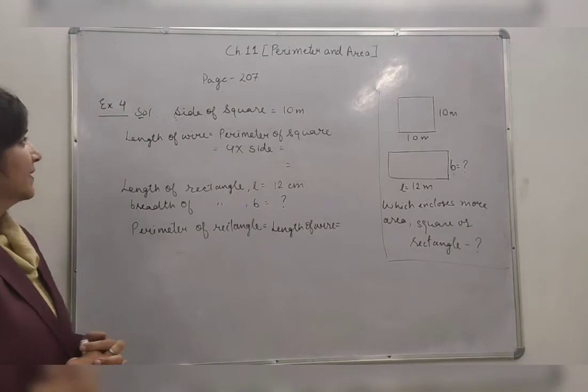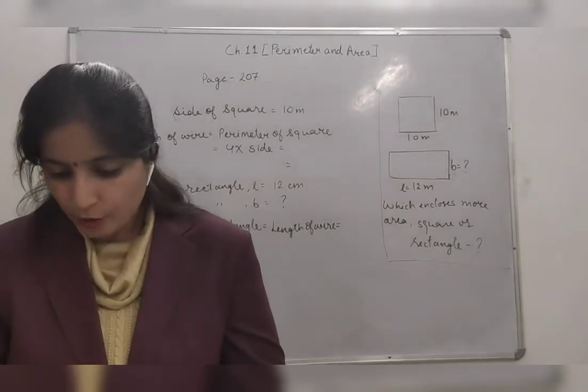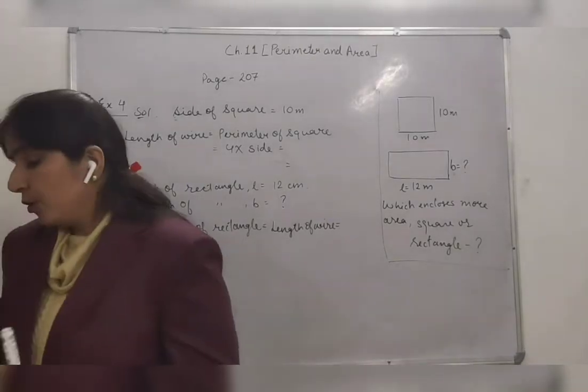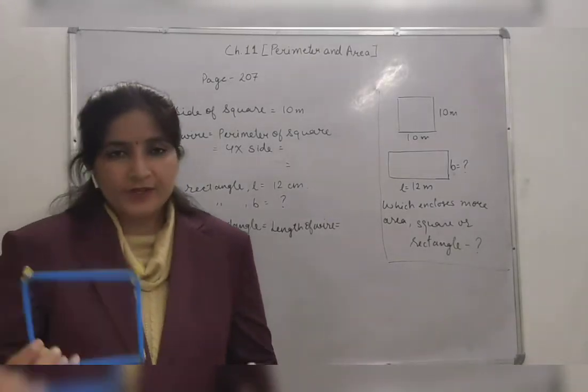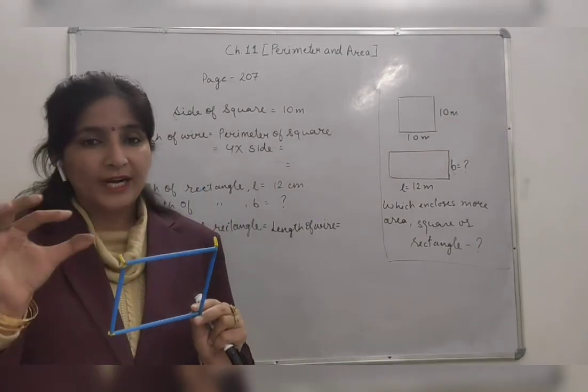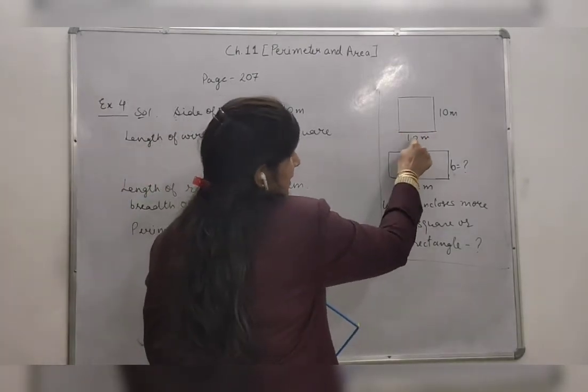Now students, let us start example number 4 on page number 207 of your NCERT book. What is given in this question? You have a wire. Somebody has a wire that is folded in the form of a square like this. The side of that square is 10 meter.